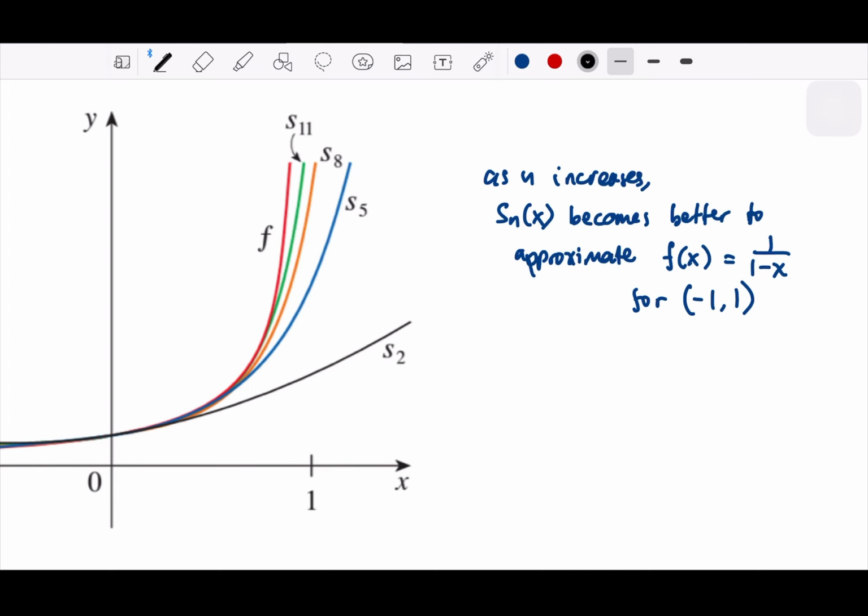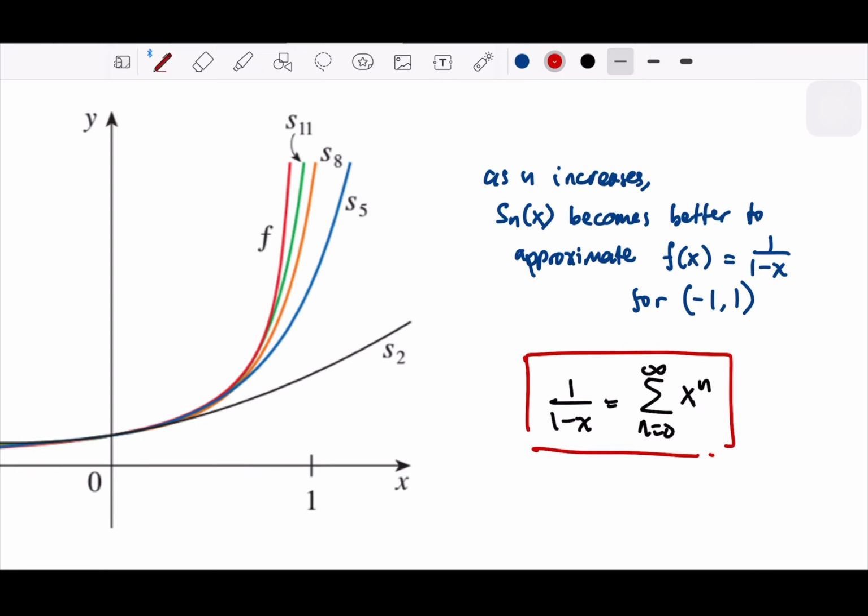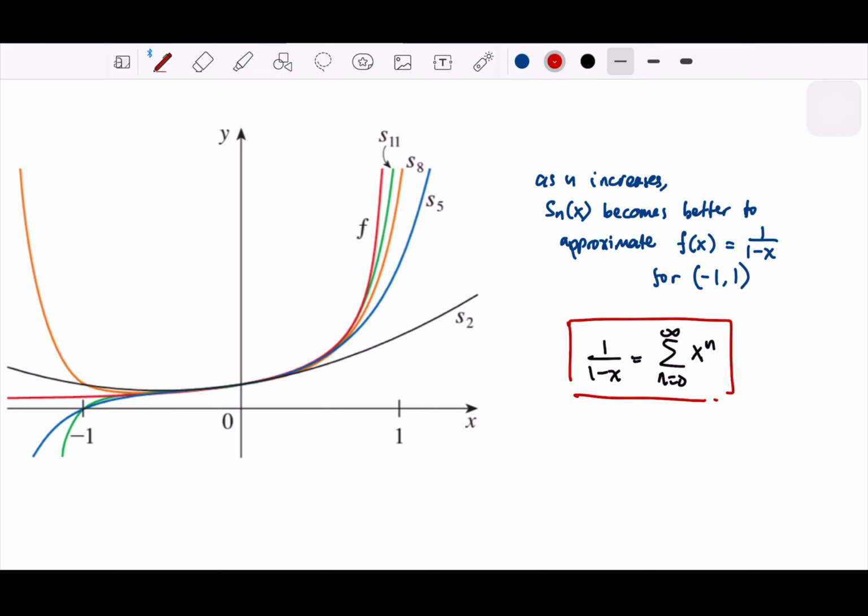So let me write this conclusion. This is the first step, and the graph is just to show you how the partial sums visualize, and when we increase the n, it will approximate the function.